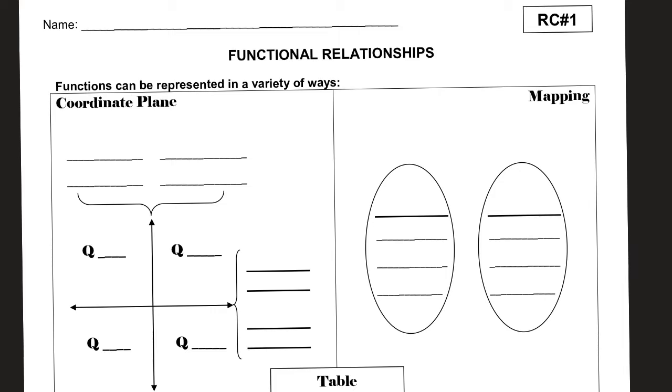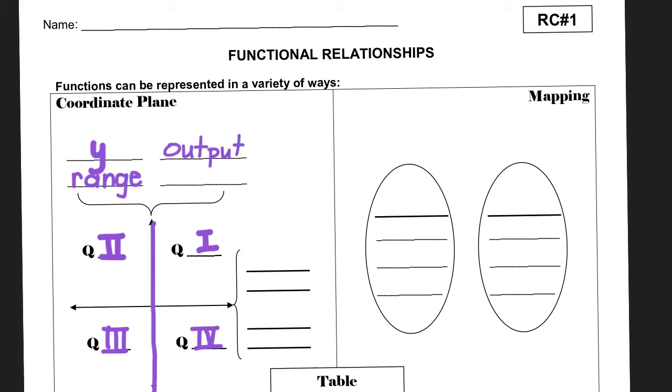Remember, in the Cartesian coordinate plane, we have 4 quadrants, starting with quadrant 1 and going counterclockwise, 2, 3, and 4. Look at the y-axis first. The y is also known as the output, the range, and the dependent variable.